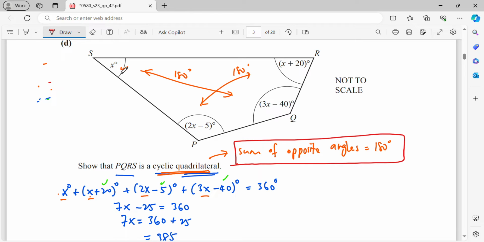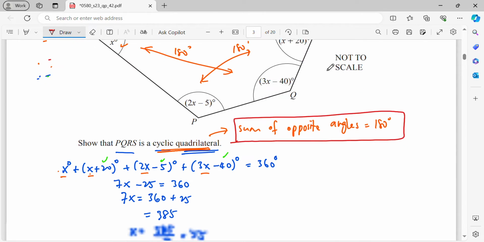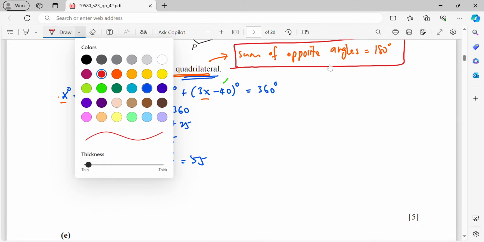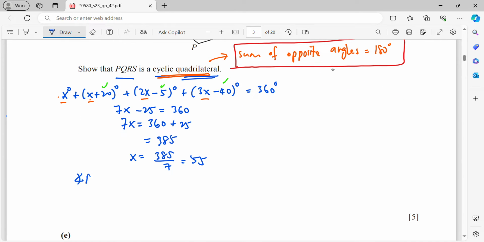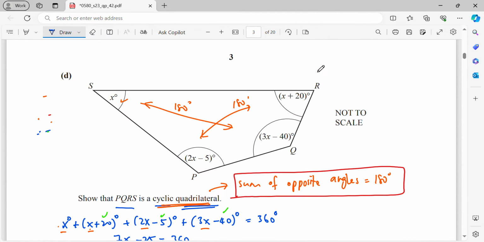So now I have to show all, right? That means now my angle PSR is x, so I will just write it down first. Angle PSR is x, which is 55 degrees. And then my angle PQR is 3x minus 40.